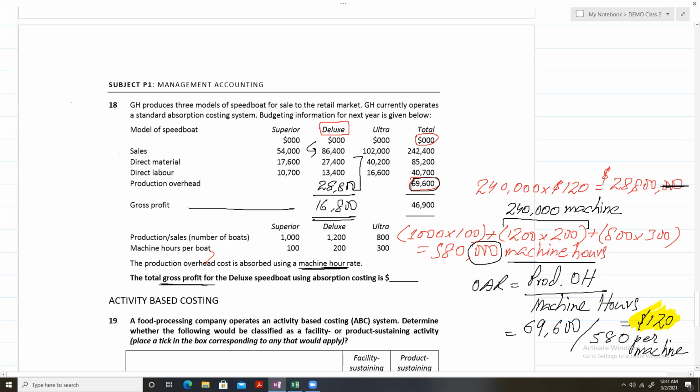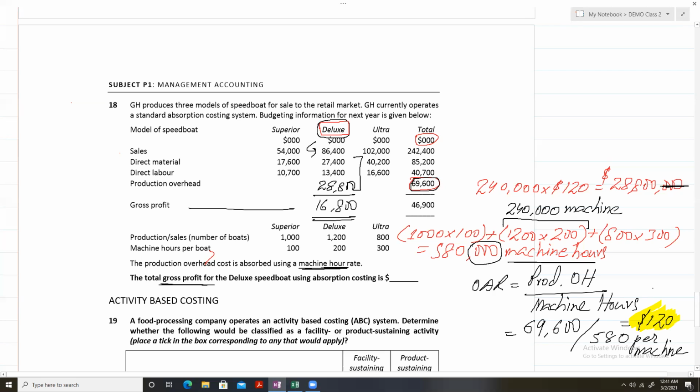Now, since in this question we are required to find out the gross profit of only one type of speedboat, that is deluxe, we found out the share of production overheads that needs to be apportioned to the deluxe speedboat.